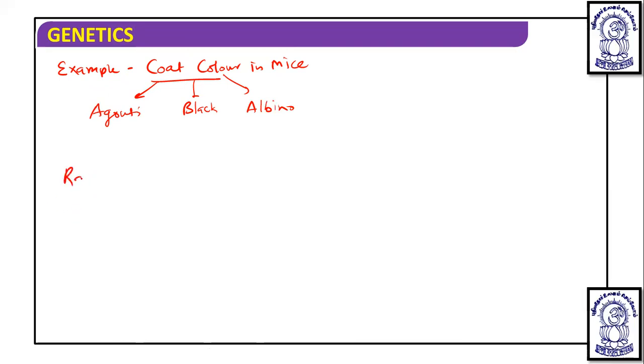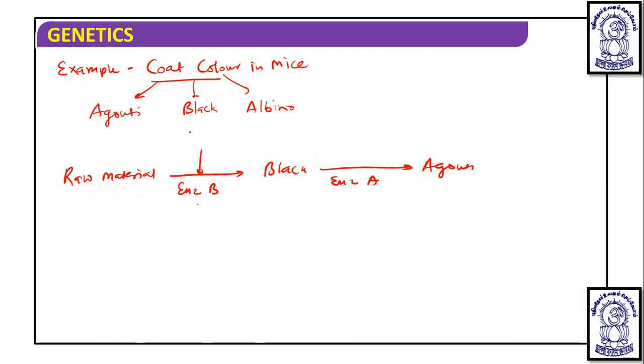So what for this? If raw material is there, then to convert it into black color, there is a need of enzyme B. And to convert black color into agouti, there is a need of enzyme A. Enzyme B is produced by gene B, and enzyme A is produced by gene A. So when gene A is in capital form, then enzyme A will be produced.